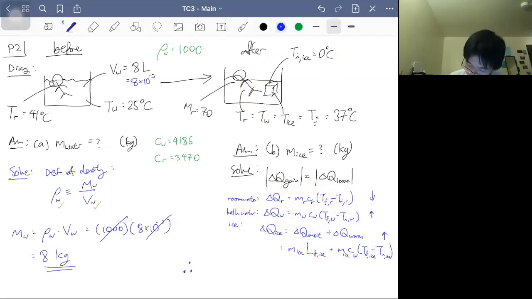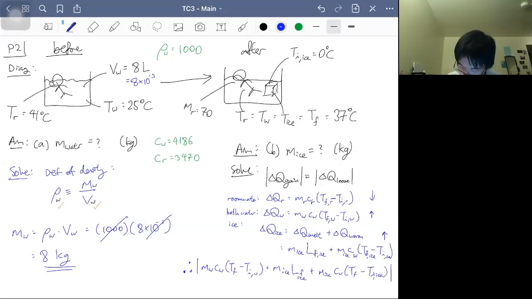All right, so on the left, we have M water, C water, T final, let me just write T final because all the T finals are the same, minus T initial of the water, plus M ice, L fusion of ice, plus M ice, C water, T final minus T initial of the ice.